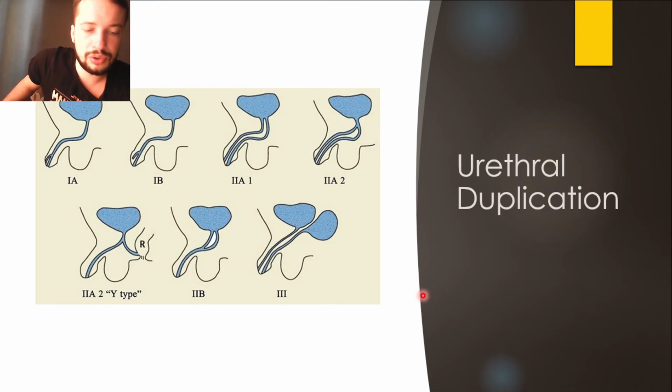Type 2, complete duplication of the urethra. Type 2A1, both urethras arise separately from the bladder. Type 2A2, one channel arises from the other.